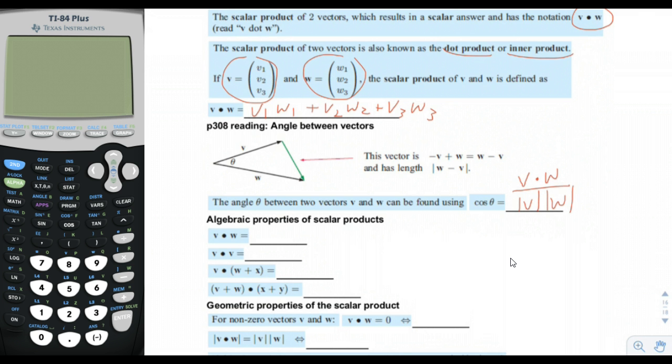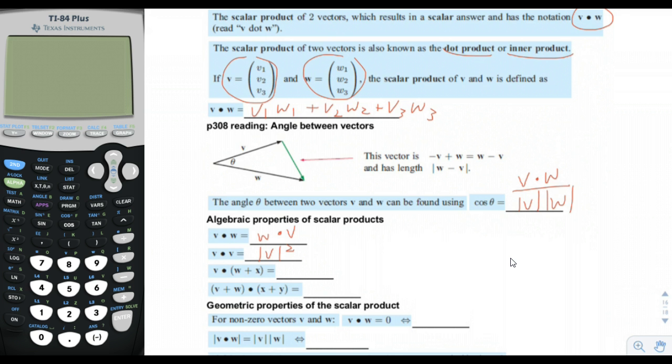And v dot w is also the same as w dot v. V dot v gives you the magnitude squared.